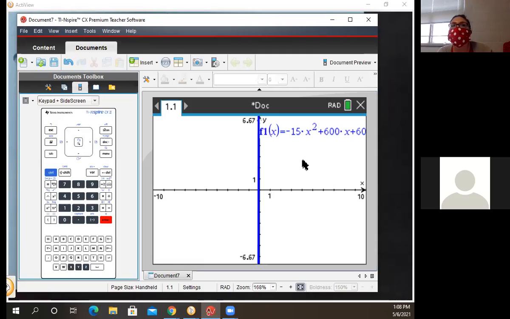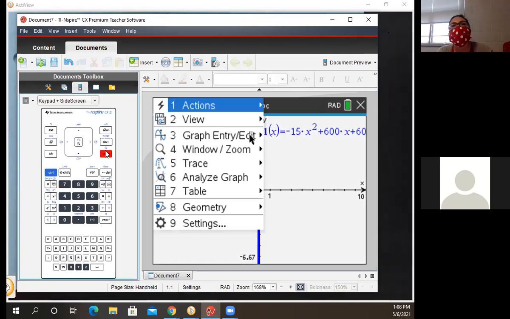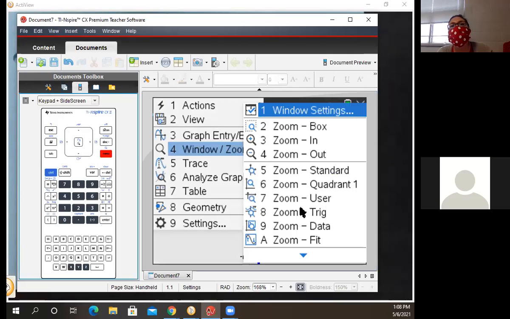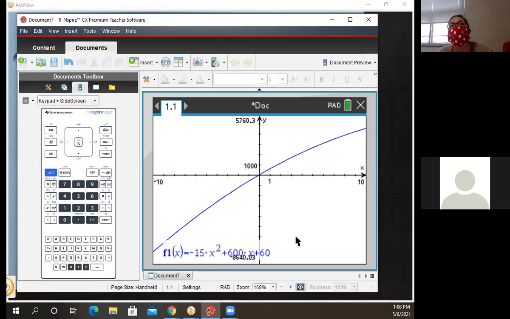Again, I don't have a great picture of this because it's such a big parabola, so I'm going to adjust my zoom. Let's go to menu, zoom, and we'll try a zoom fit.